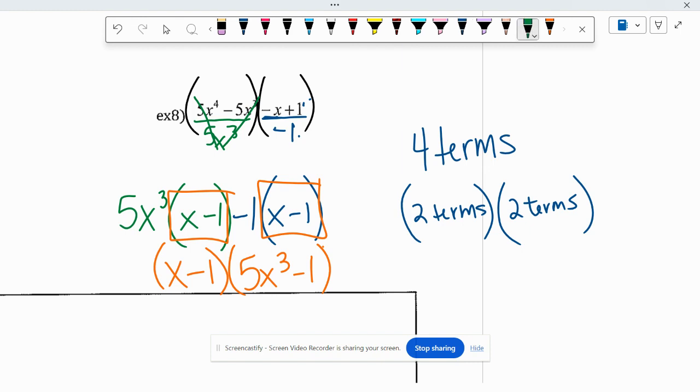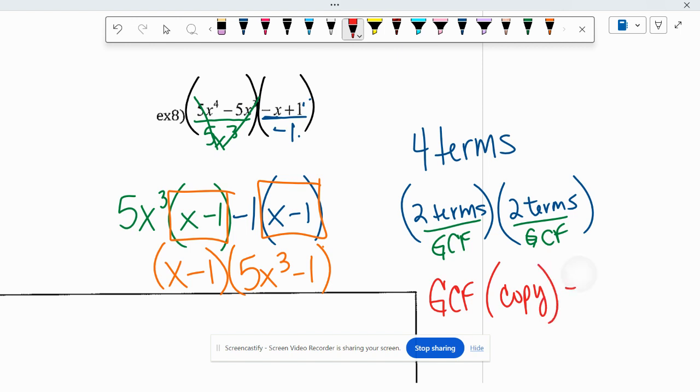We find the GCF from each term. And when we factor out our GCF, what we have left over must match what we have left over in the second term. These have to be copies of each other.